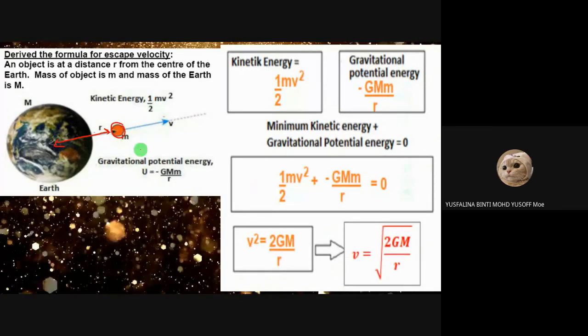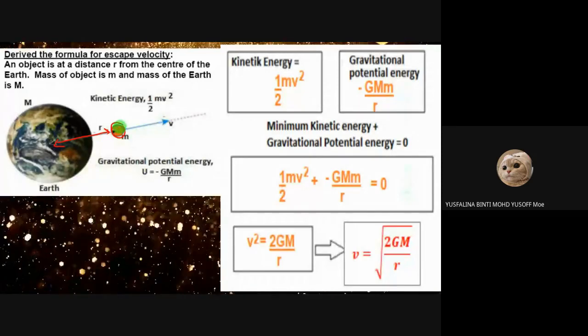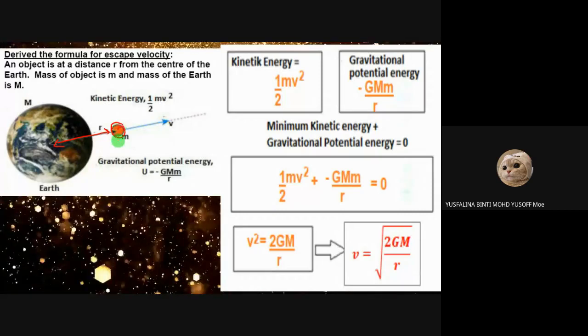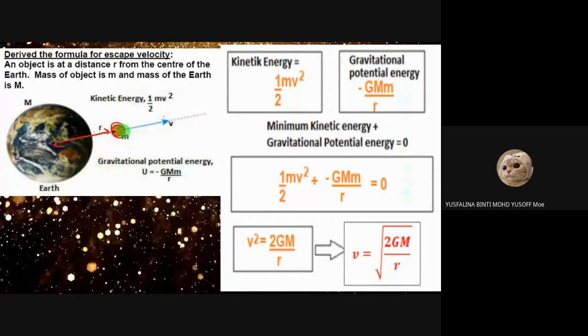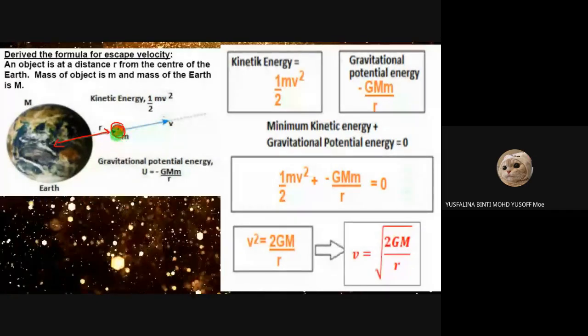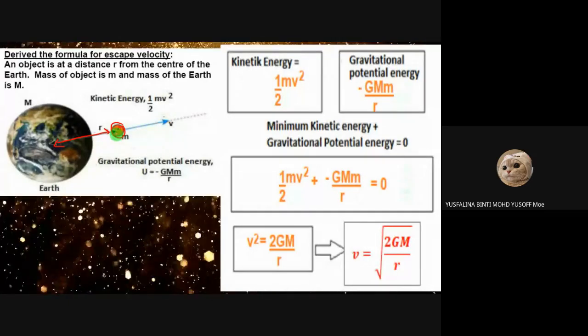When it moves, any object that moves must have kinetic energy. So this gravitational potential energy will be equal to the kinetic energy because it can only change form. That is the principle of conservation of energy.